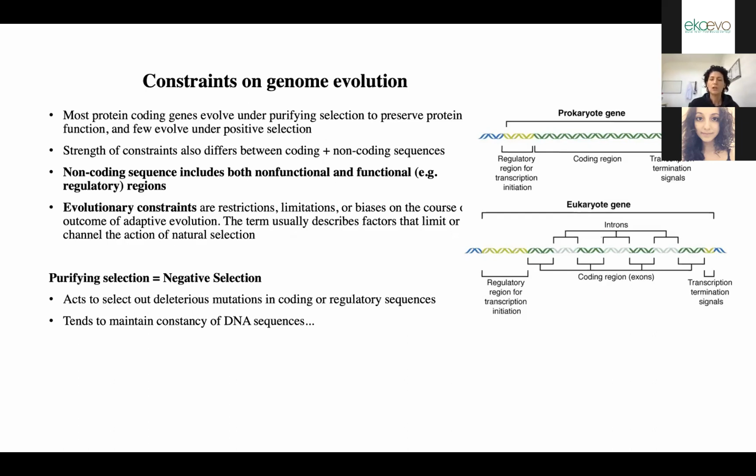First of all, the non-coding part doesn't have many constraints on genome evolution, because most of the mutations in this part are non-coding and do not affect adaptive evolution. So the constraint on the non-coding part is not effective.